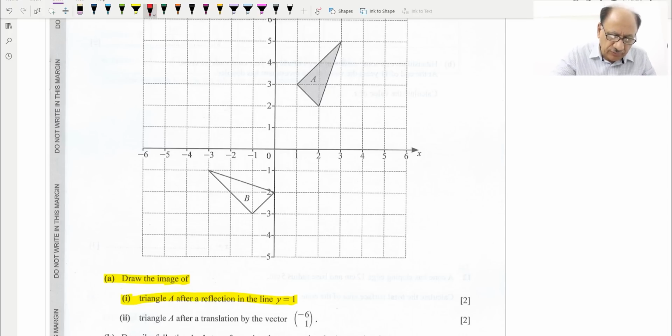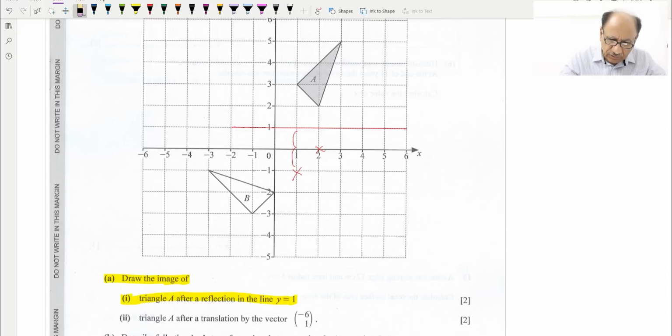If I draw the line like this, we can reflect the image of A. You can use tracing paper for that. Otherwise, you can check this distance is 1 unit, so you will have to take 1 unit from here, and then check the other distances, like 1 unit, 2 units, so this will be the point.